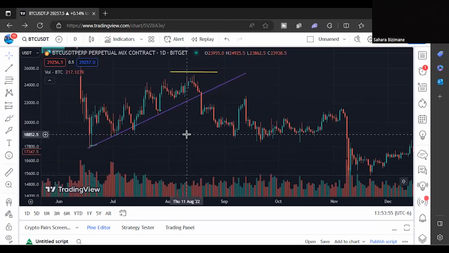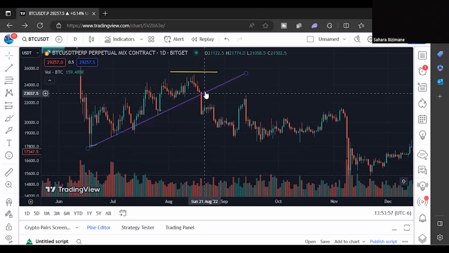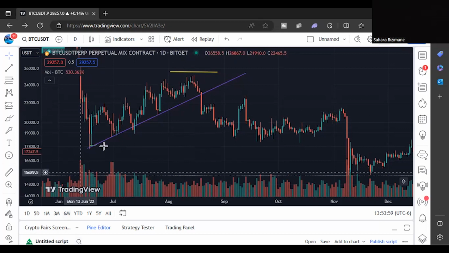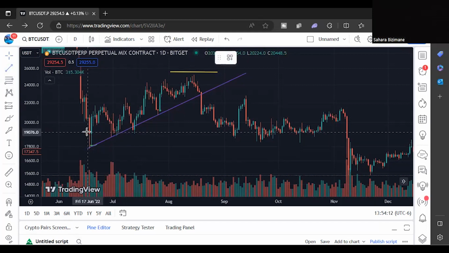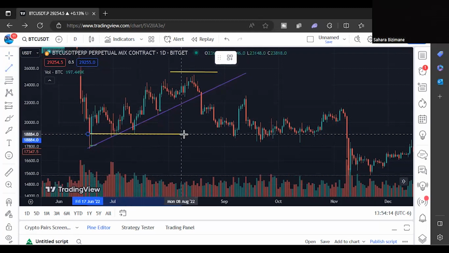So for this one, obviously where I want to set my price target for my profit, okay, you have two targets. The first target would be right over here, okay? The previous horizontal support is right here.